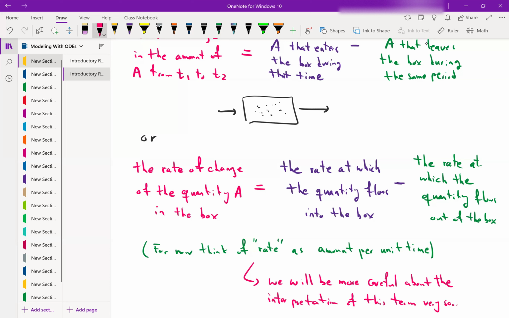Okay. So what we have learned so far is that we have talked about several sources of ODEs that we will encounter, including Newton's second law and conservation laws. Again, the conservation law should make perfect sense. For example, consider the population of a certain animal species in a given region.